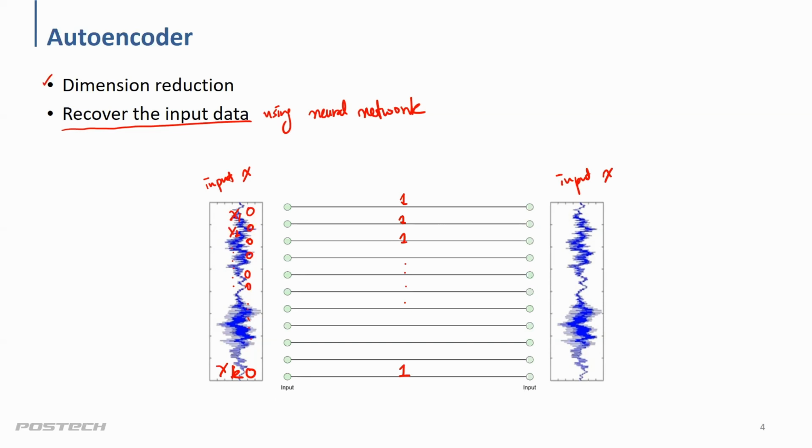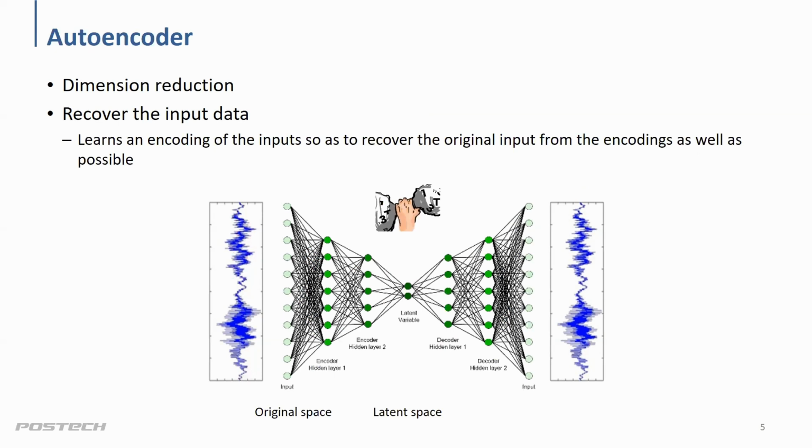So instead of having this kind of simple structure, why don't we have this kind of structure? Again, here we have X as input, and we're going to have X as output. I mean, we don't have any outputs, but I treat X as input and X as output.